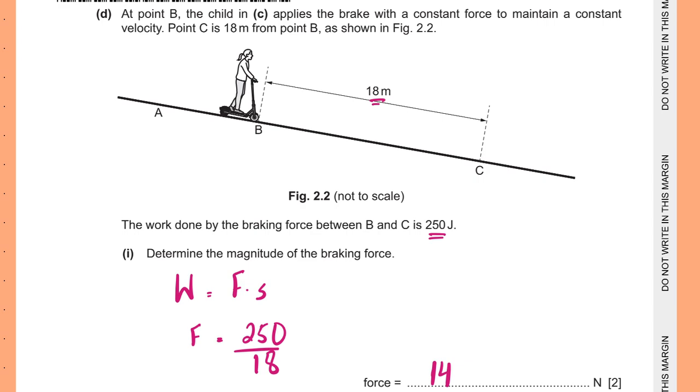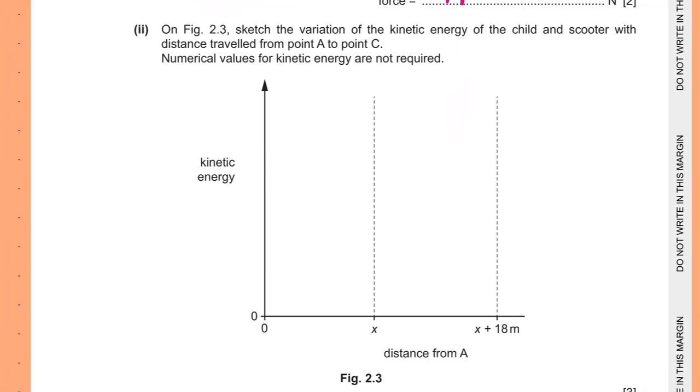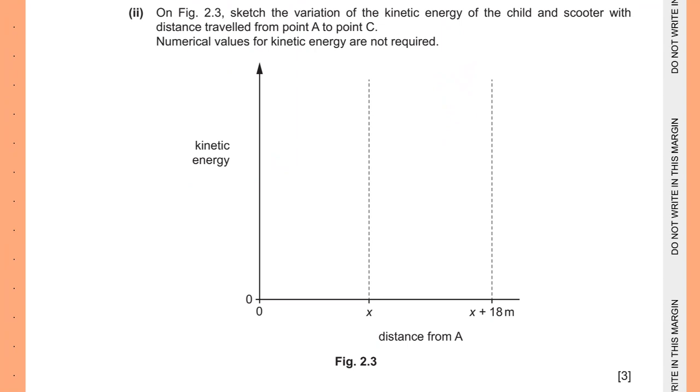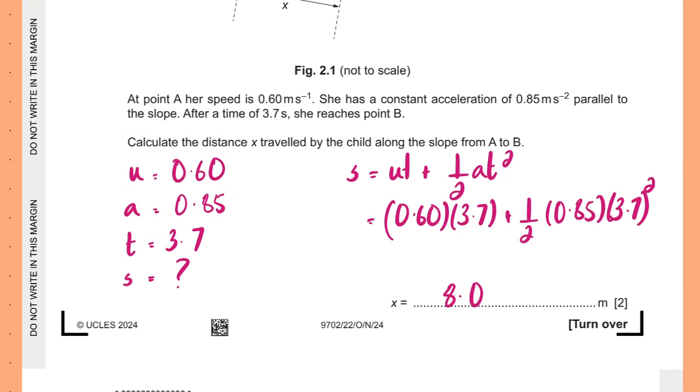Now this last part is why I said this question is good. On 2.3, sketch the variation of the kinetic energy of the child and the scooter with the distance traveled from point A to point C. Numerical values are not required. So first of all, I know this, that x was basically, so the distance from A, x is what we just found here.